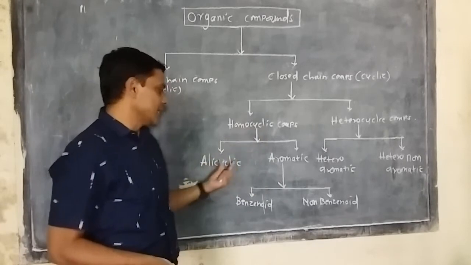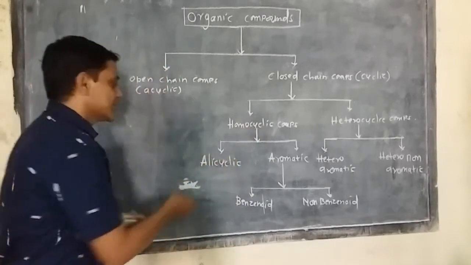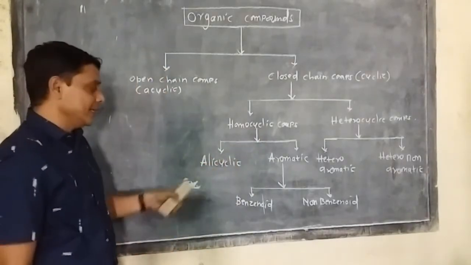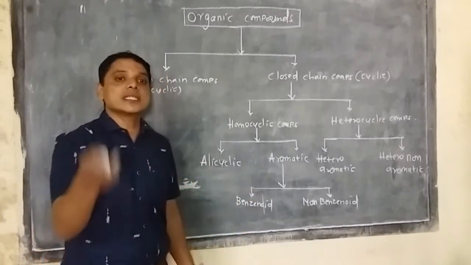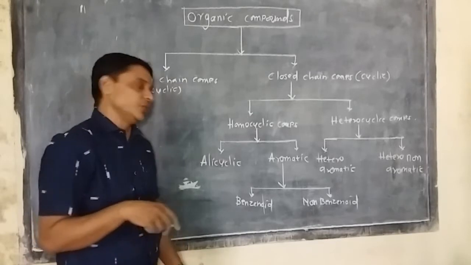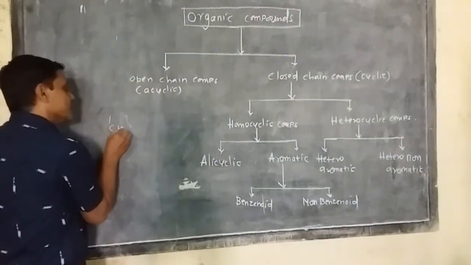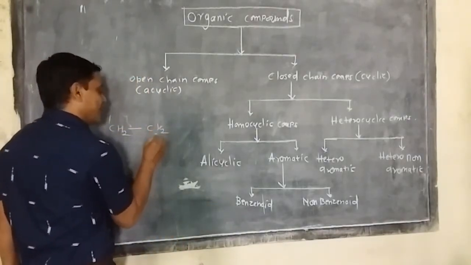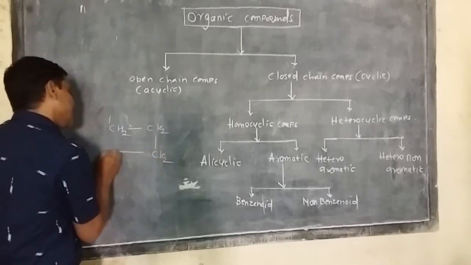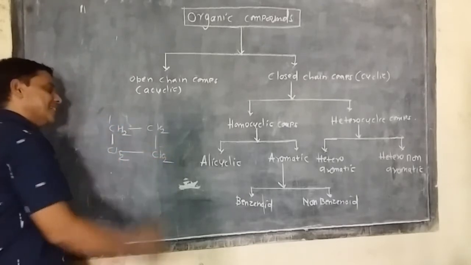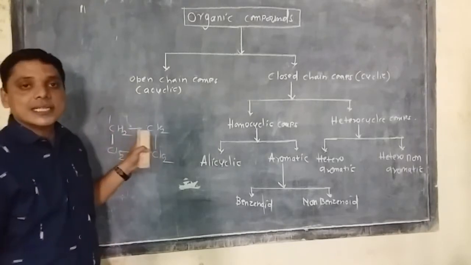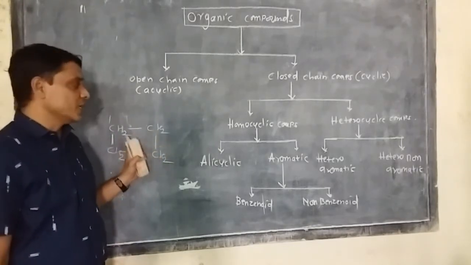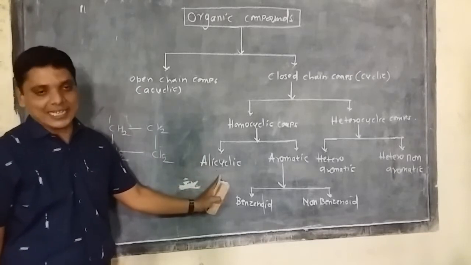In the case of alicyclic compounds, it is a cyclic compound, but when the word alicyclic is attached, there are single bonded carbons in it. For example, cyclobutane is the best example of it. In this case, the CH2 groups are attached in a cyclic form, but all bonds are single bonds. Such a compound is included in alicyclic compounds.